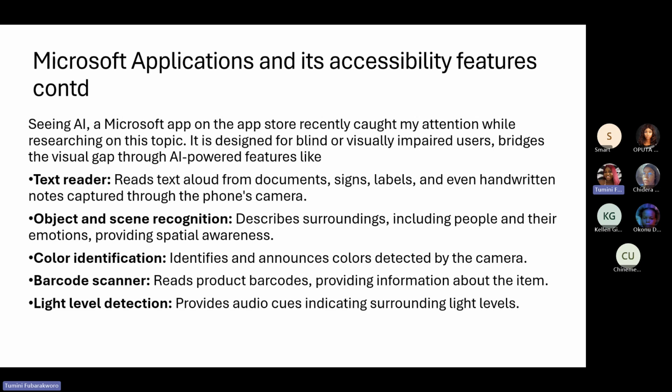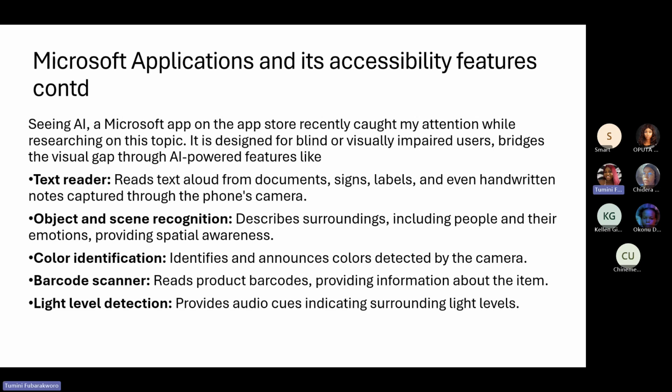On Seeing AI, a blind person can use the application to snap whatever thing he's facing, and Seeing AI will tell him what that thing is.